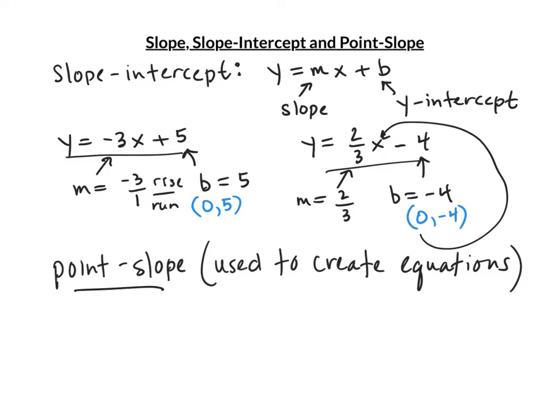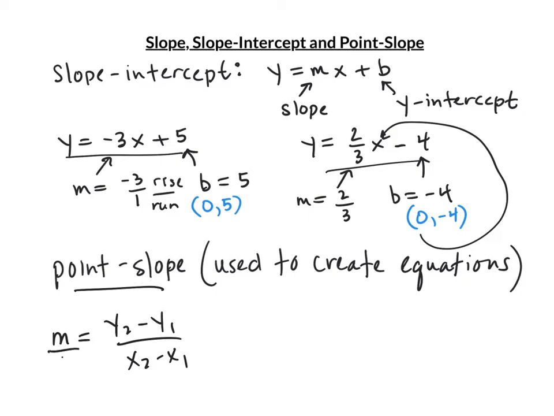Point slope is a formula that's used to create equations. And where it comes from is the slope formula, the formula we just talked about: y2 minus y1 over x2 minus x1.